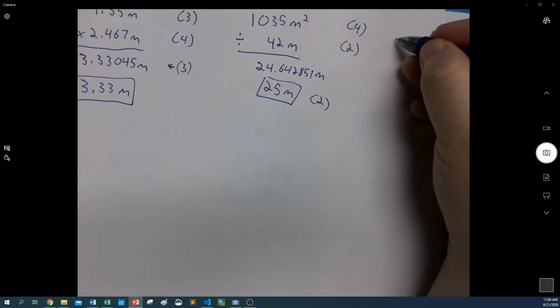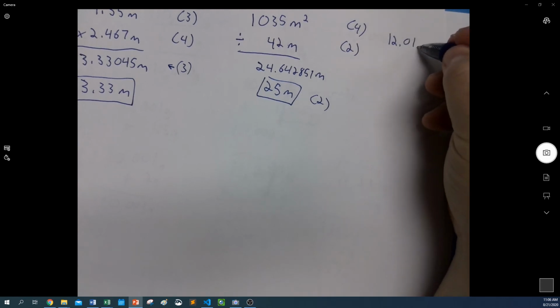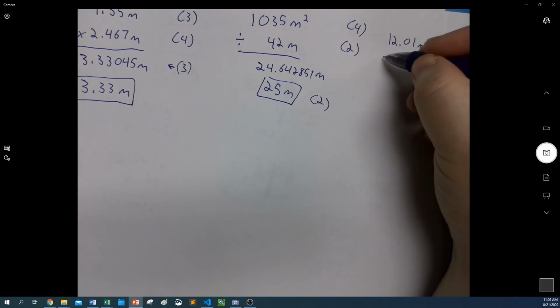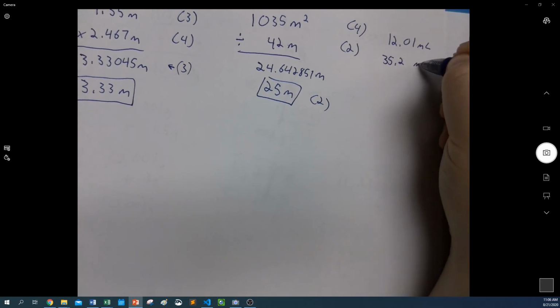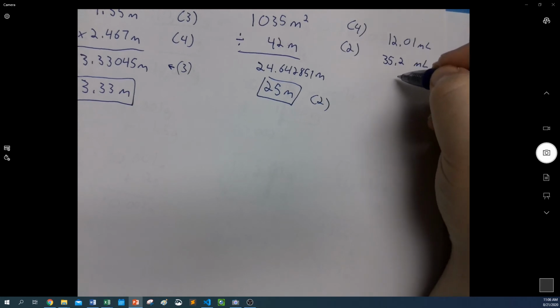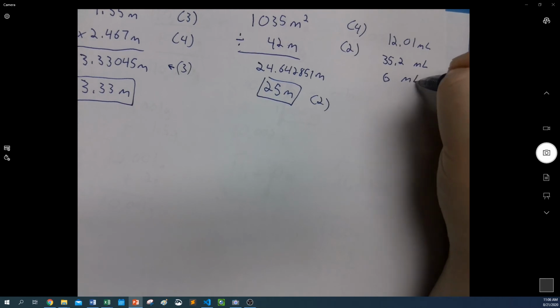So doing the next one, 12.01 milliliters plus 35.2, there's 3 numbers, and 6 milliliters.